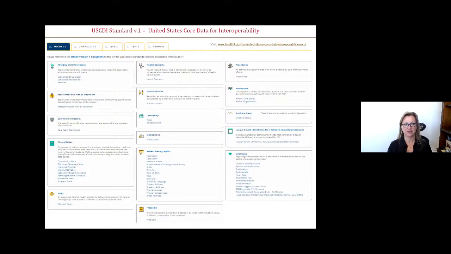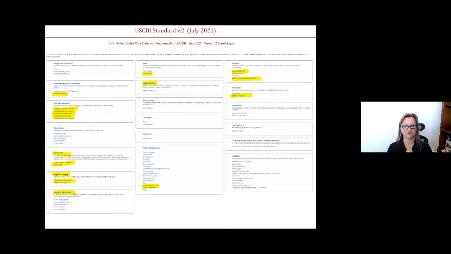Here's a copy of the US CDI core data set. This was version 1. You can go to the website here to take a look at what that looks like. We are now, as of July, on version 2. You can see there's been a number of changes and additions to that subset. I've highlighted some of these for you, and you can take a look there.